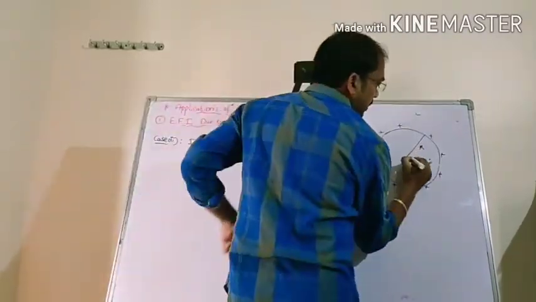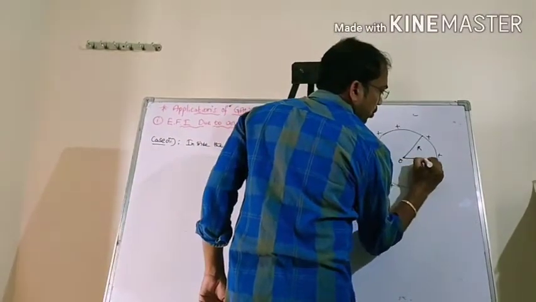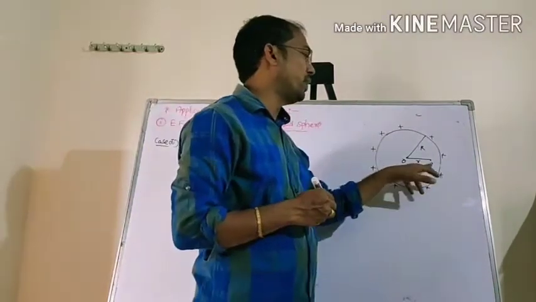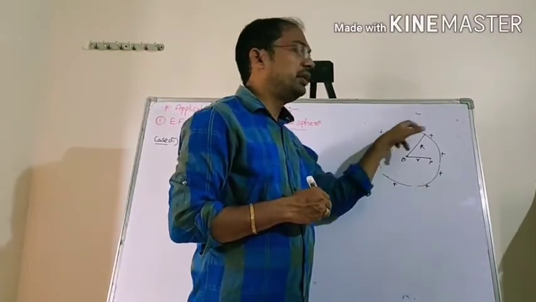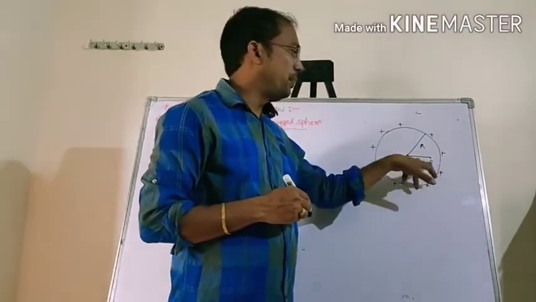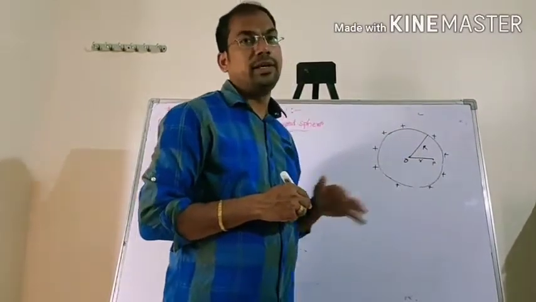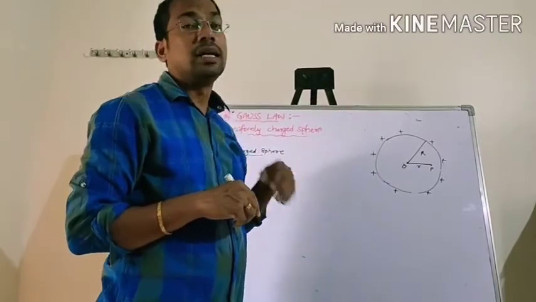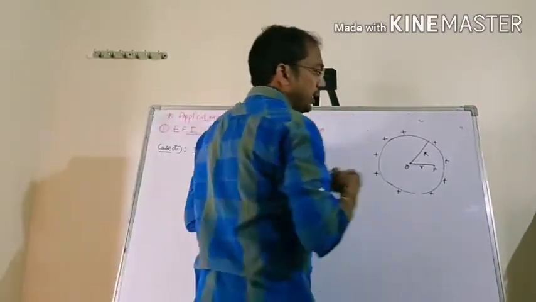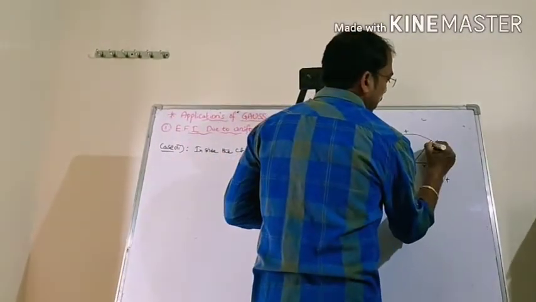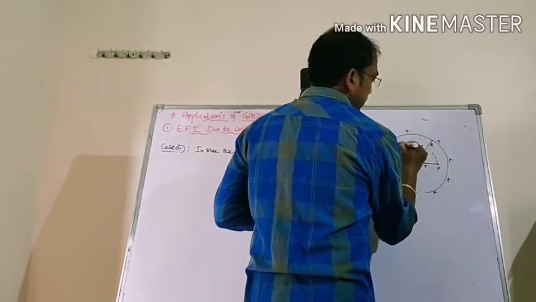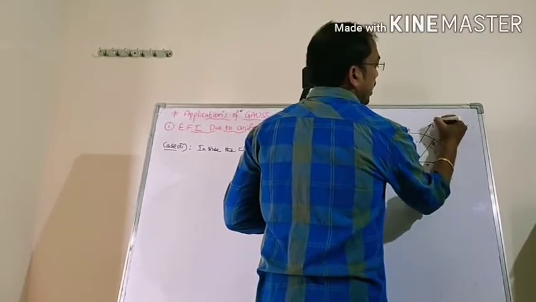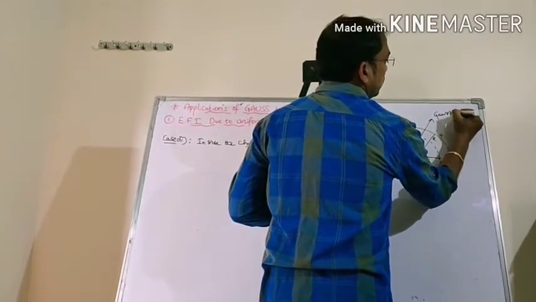Generally, the distance from O to P is taken as small r. Where is P? Inside the charged sphere. In order to find the electric field intensity at P, construct or imagine an imaginary sphere, which is also called a Gaussian sphere.